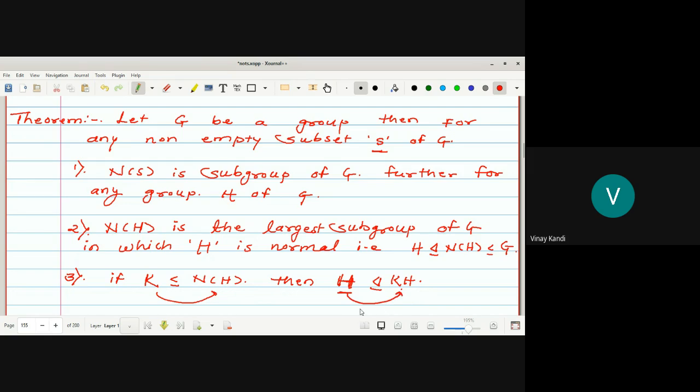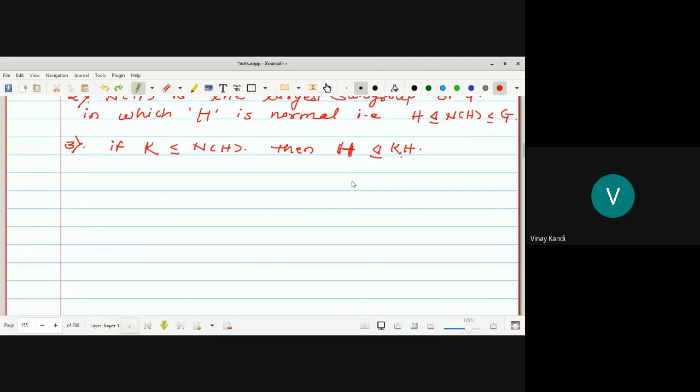If H is normal in the normalizer of H, then H is normal in K into H, the product of two subgroups. It is easy to prove. First we have to prove that for any non-empty subset S of G, N of S is a subgroup of G. First, write down all the things.